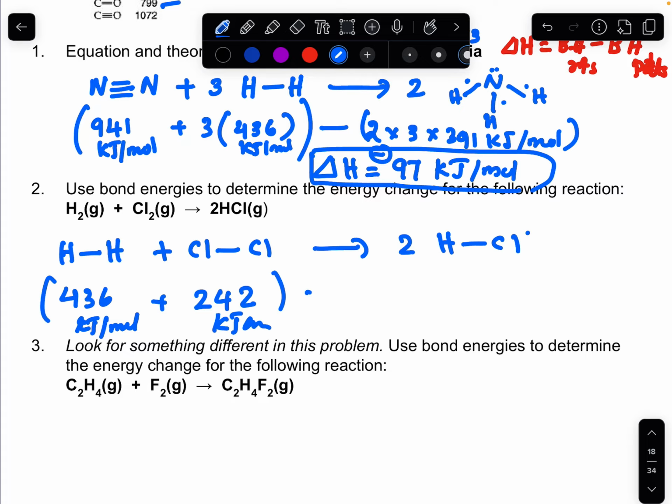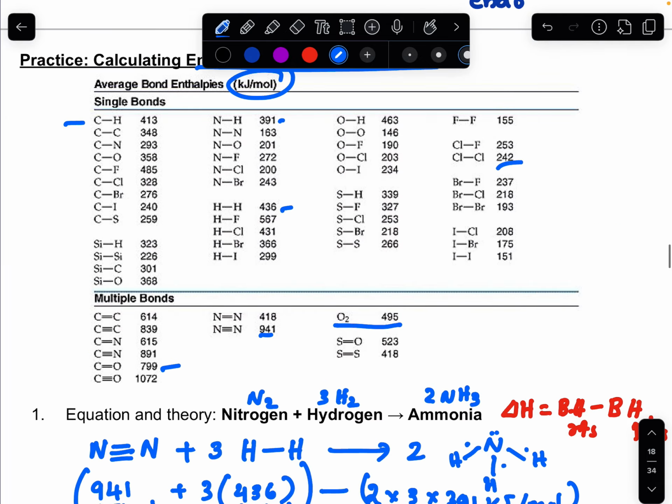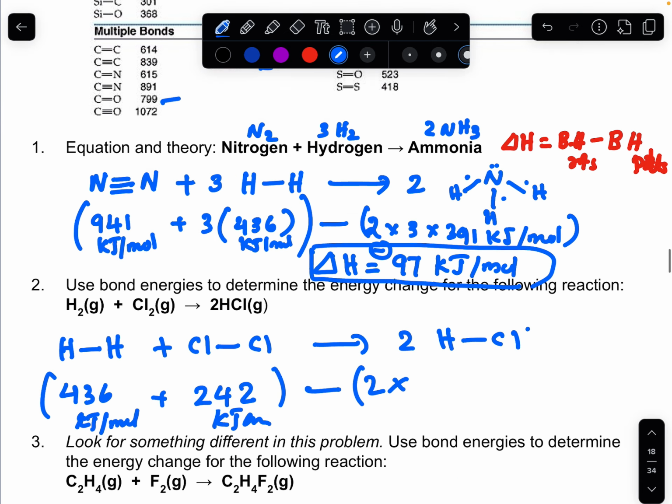So you have to add this, then subtract 2 times H-Cl, which is 431. Okay, let's do the calculation.